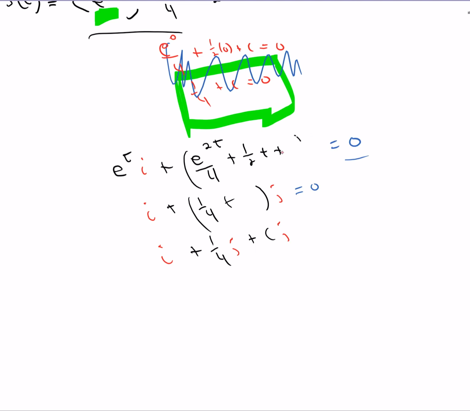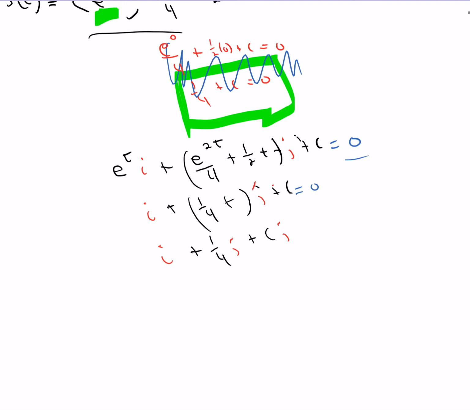The j is only on this, and the c gets added over here. So, my apologies. This is the j piece, and the c is over here by itself with no j on it.